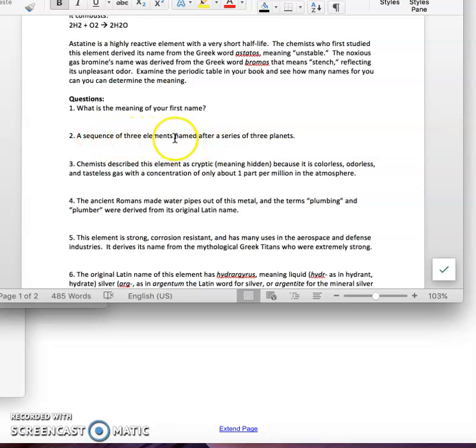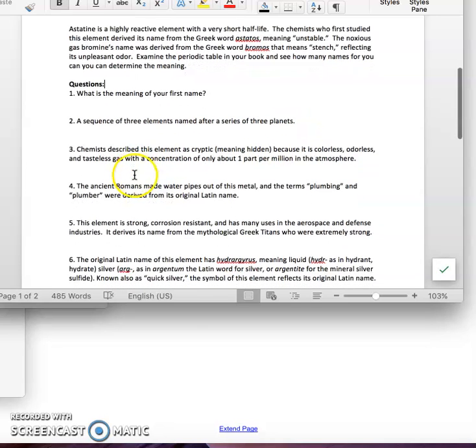A sequence of 3 elements named after a series of 3 planets. So using a periodic table, try to figure out which 3 elements, which means they're side by side, like literally in a row, are named after 3 planets. Here's another one. Chemists described this element as cryptic, meaning hidden, because it is a colorless, odorless, and tasteless gas with a concentration of only 1 part per million in the atmosphere.